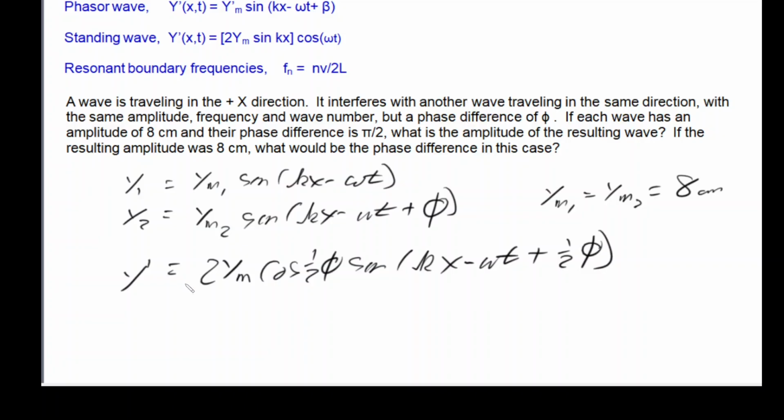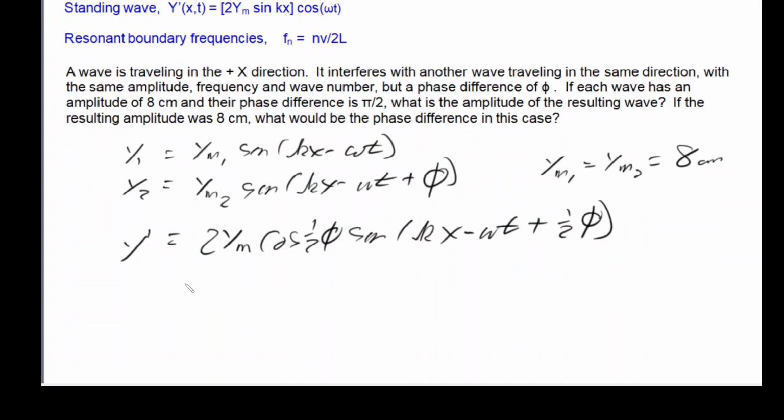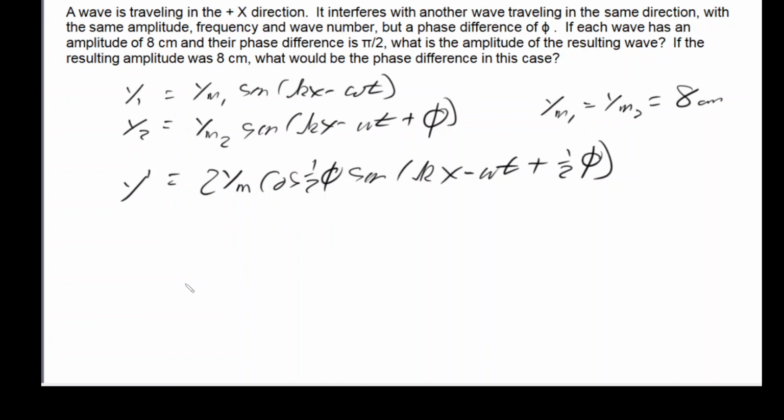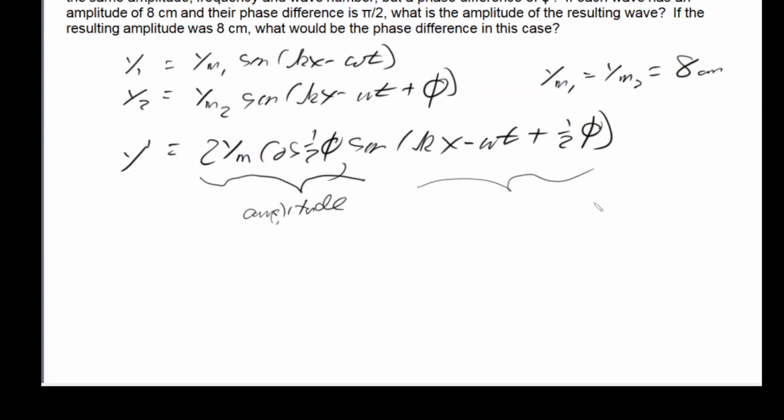So this is the wave equation of our new wave due to the interference of y1 and y2. Well, it turns out that this is the amplitude of the new wave. So that's the actual amplitude of y prime. And this is the other part of the wave equation.